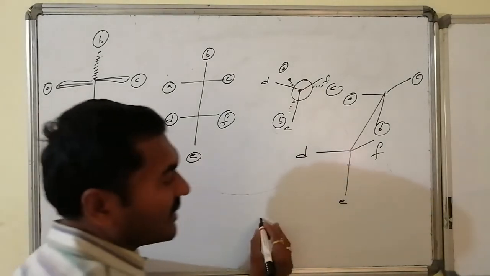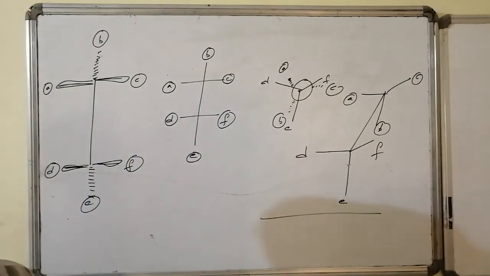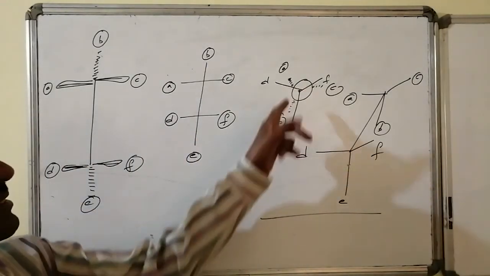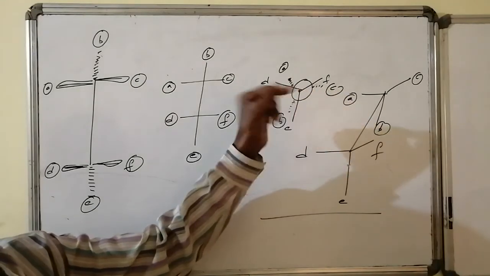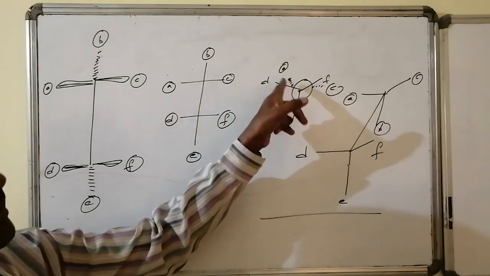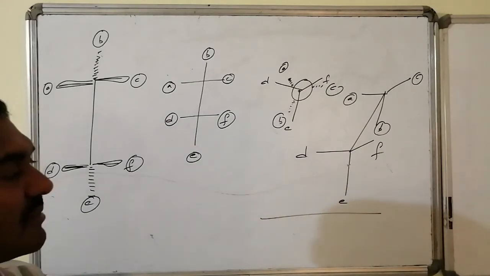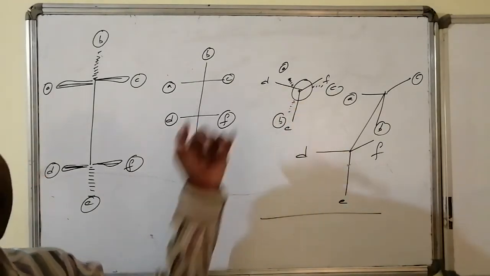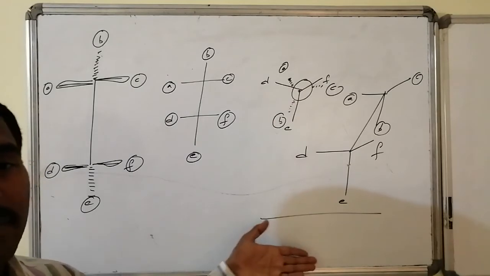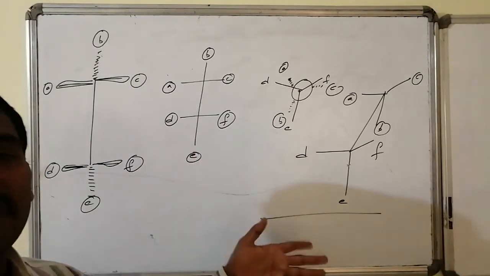But especially in case of Newman and Sawhorse, I can rotate this one by any angle. These triads connected with the first carbon, or the dotted triads connected with the second carbon, can be rotated by any angle. Suppose here that angle is 0, I can adjust it to 1 degree, 2 degree, 60 degree, 120 degree, 180 degree.